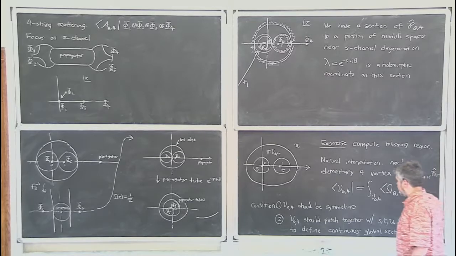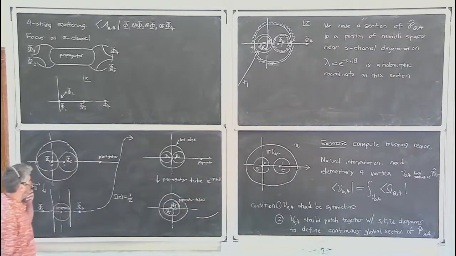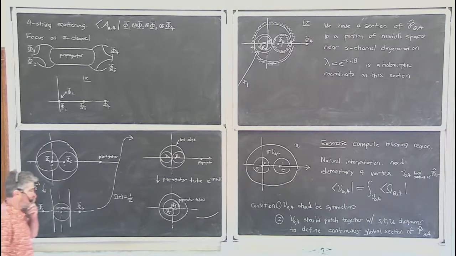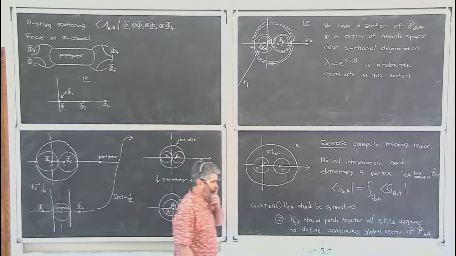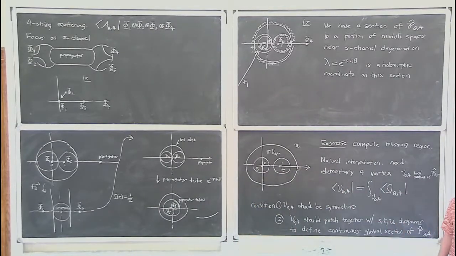So, what else? Okay, so now you have characterized the missing region. Can you now build explicitly these vertices? Yes, so now, subject to these two conditions, you can choose the 4-point vertex at your pleasure. Imposing symmetry is a little bit annoying.